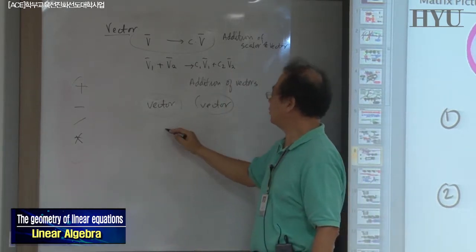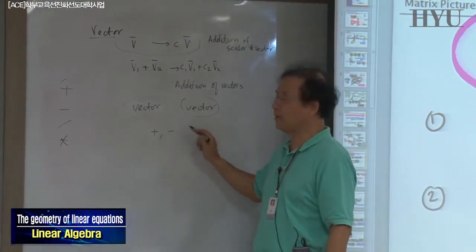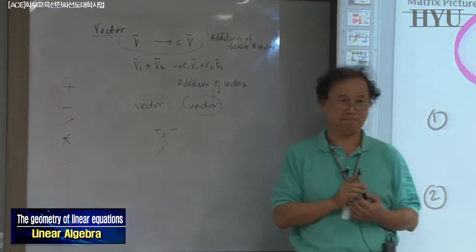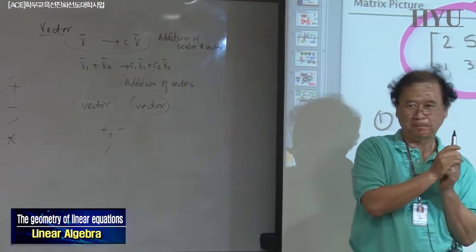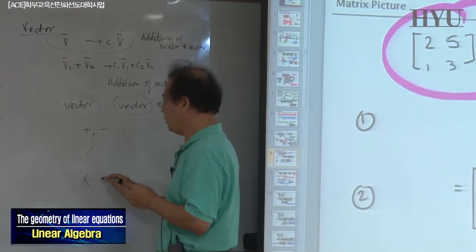Yes, plus is defined, right? You can add. Minus is also defined. How about division? Have you seen any division of vector by another vector? No, no such things. How about multiplication?